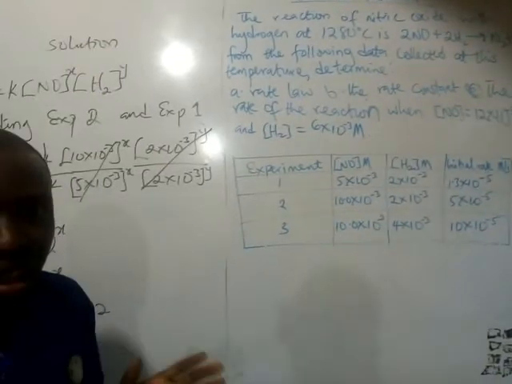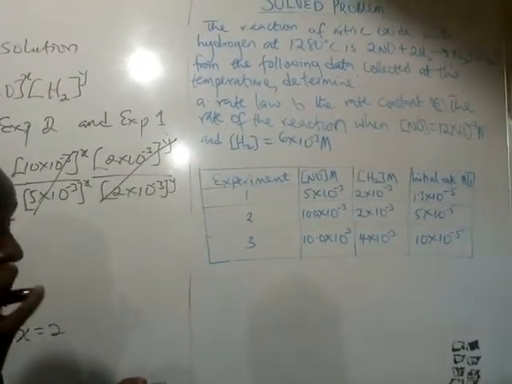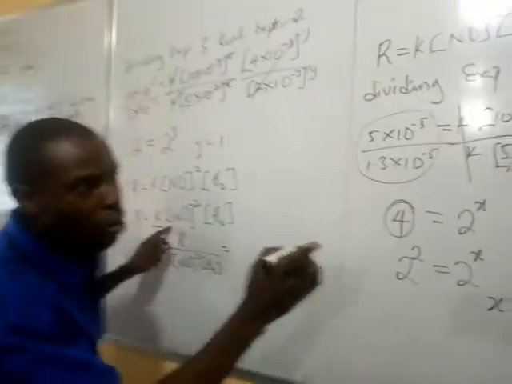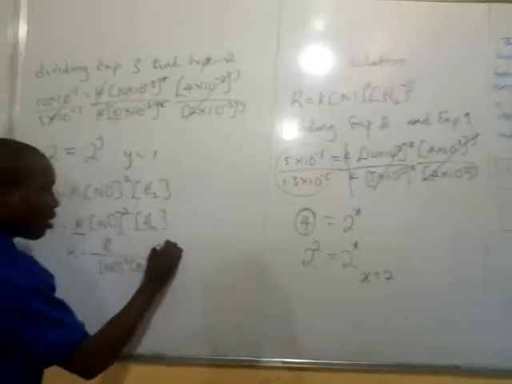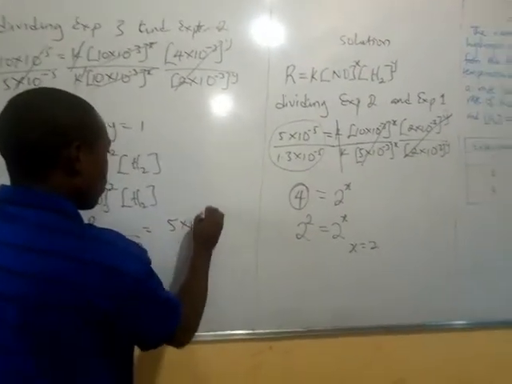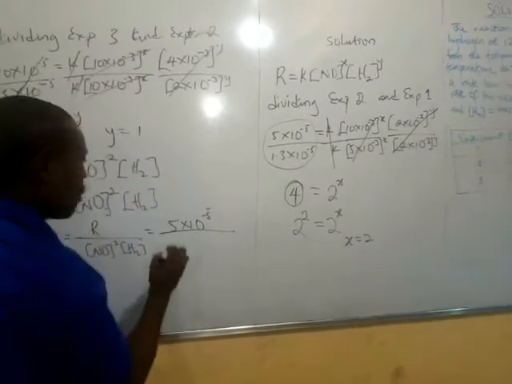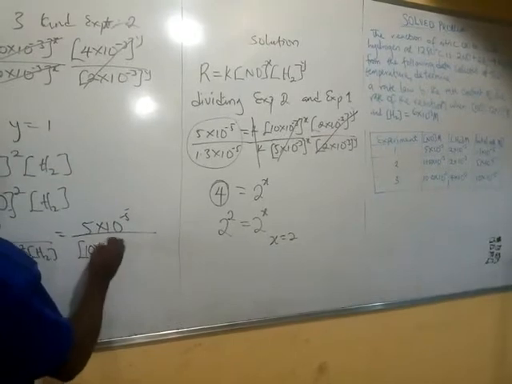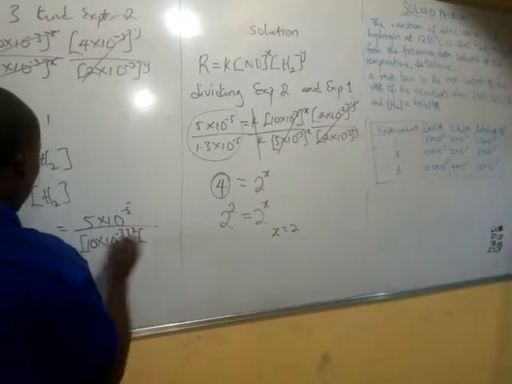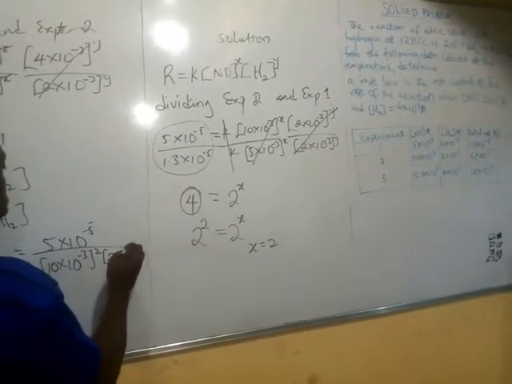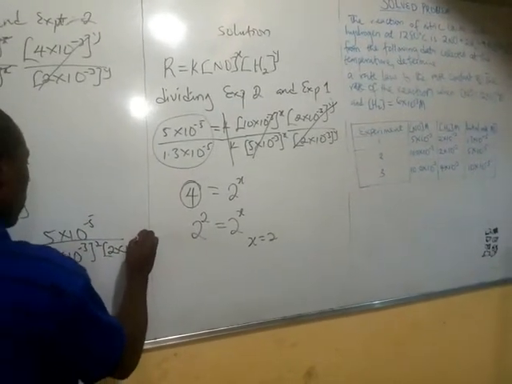Anyone you pick, you tend to get a similar answer, but we'll try to pick experiment 2 for congruency. Is that clear? So the value of K from experiment 2 becomes 5 times 10 raised to the minus 5 all over 10 times 10 raised to the minus 3 raised to the 2, and that of H2 is 2 times 10 raised to the minus 3.